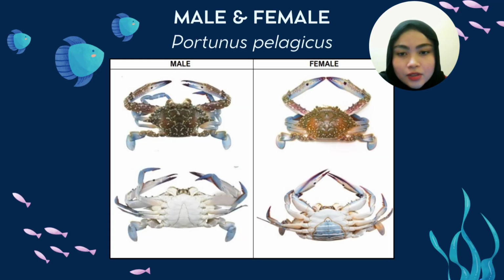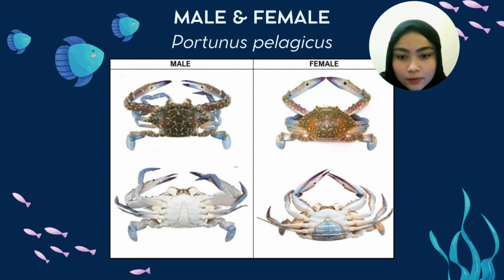So these are the pictures of male flower crab and also female flower crab. As you can see here, for male flower crab, the carapace is dark blue-green color. Carapace is the shell on their body, and then for the chelipeds, the claw area, they have purple to almost blue color.